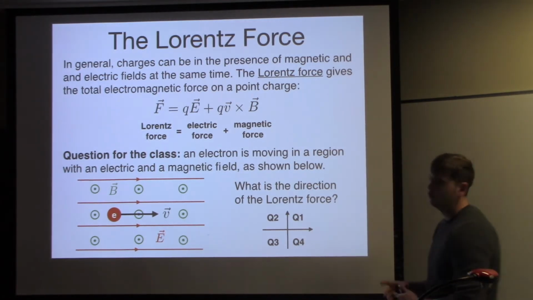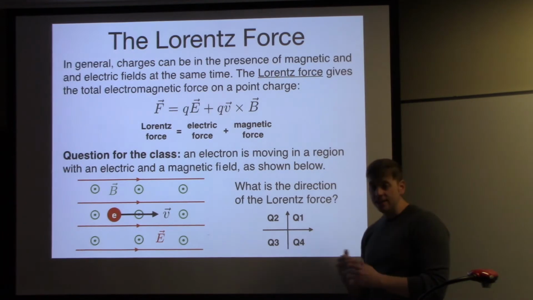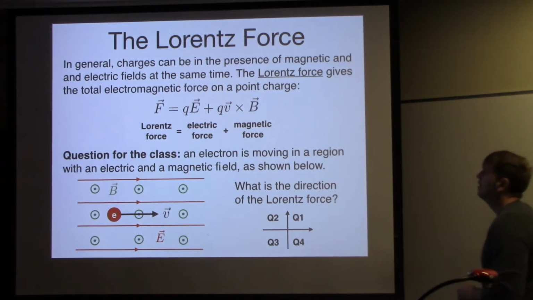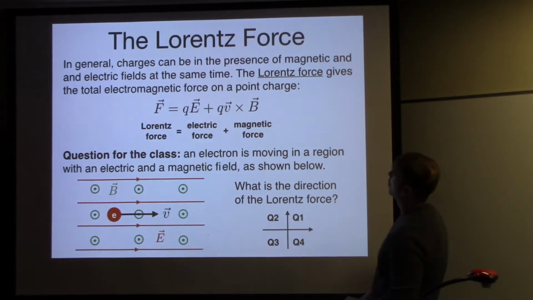So in general, an electric charge can be in the presence of both an E field and a B field. You can have a magnetic field and an electric field at the same time. That's totally possible. And in that case, you want to think about the total force that's going to act on that point charge. What we call that is the Lorentz force.